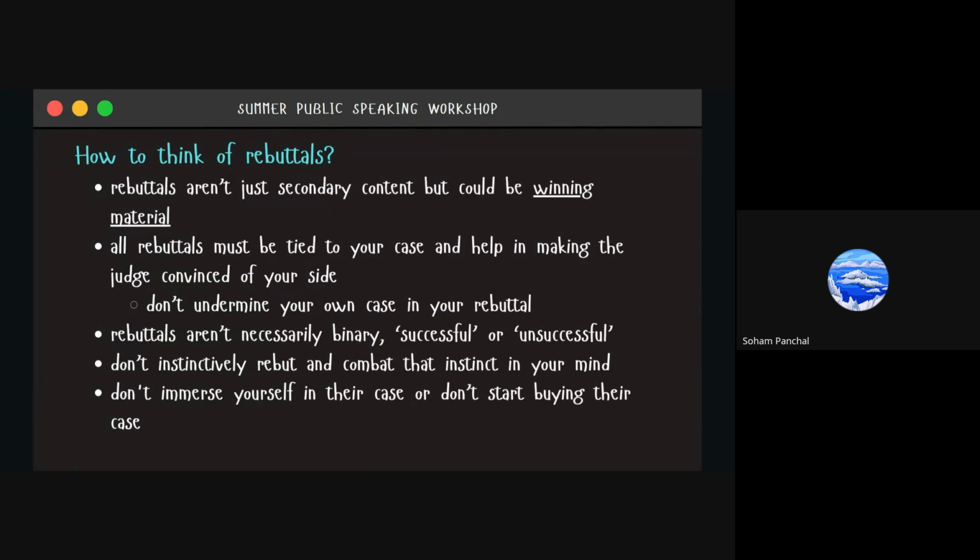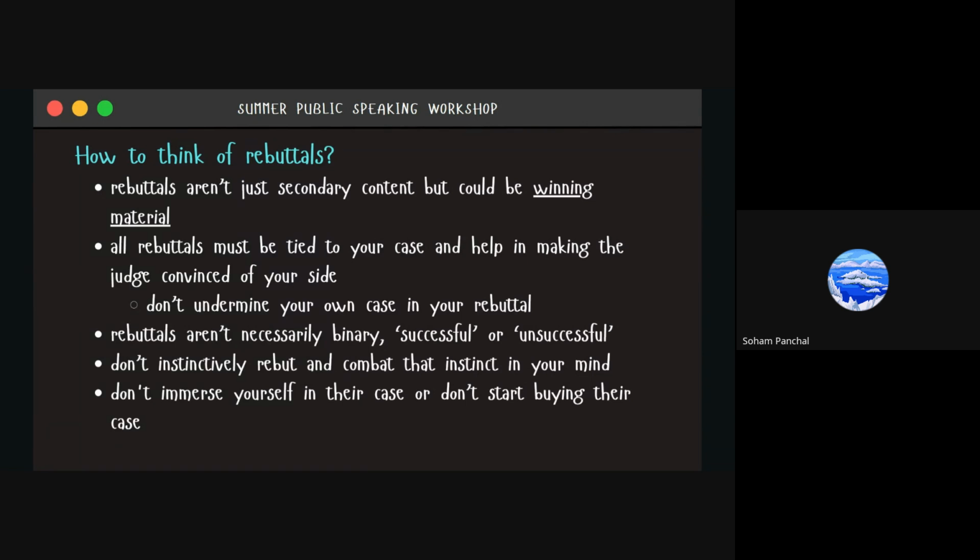That's the reason rebuttals are necessary, and why they should not be thought of as having taken down the case totally, or not having been able to take it down. It should be thought of as contributing to the engagement in the debate, because if you show the judge that even if you have fewer benefits, those benefits are better compared to the opposition's benefits, then you can easily win the debate.